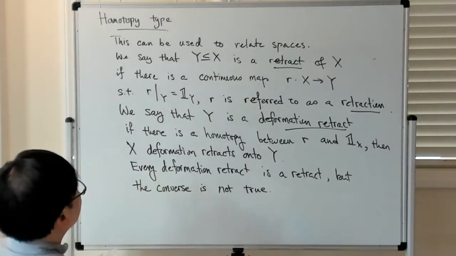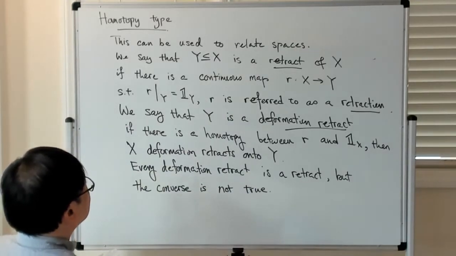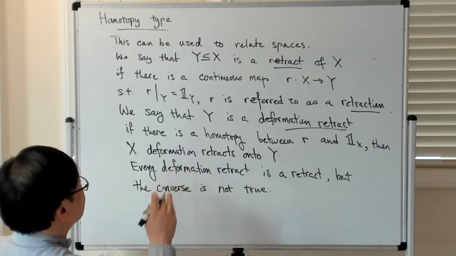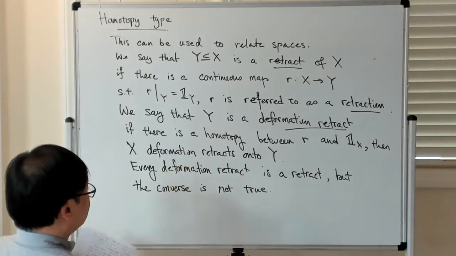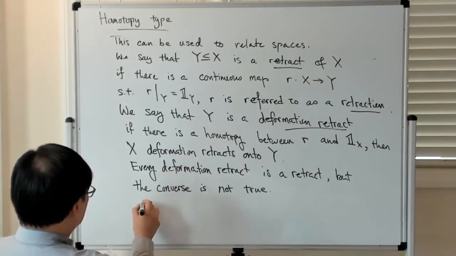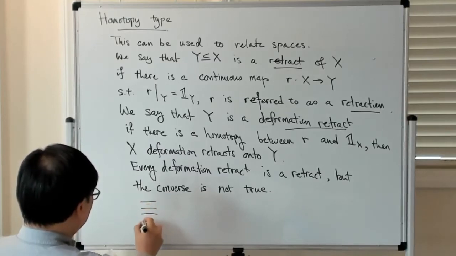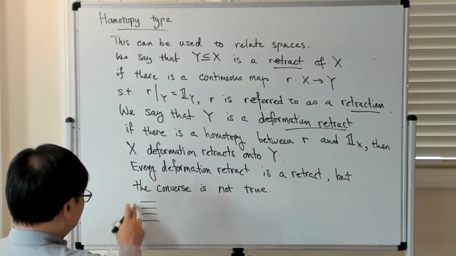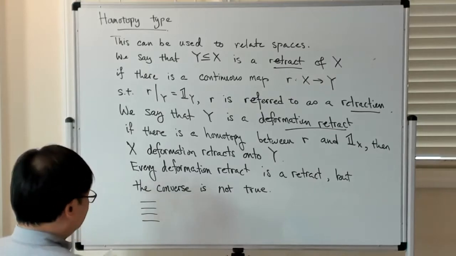And if you need an example of something which is a retract but not a deformation retract, you could imagine that you have a bunch of unit intervals that are disjoint from each other.